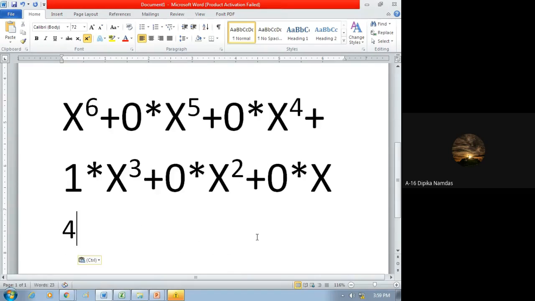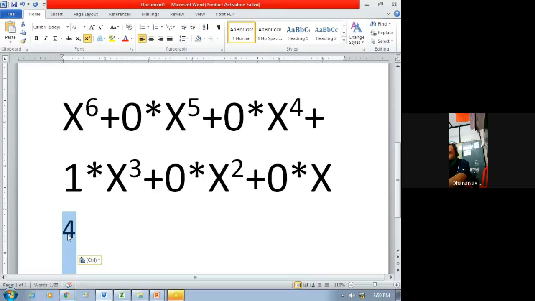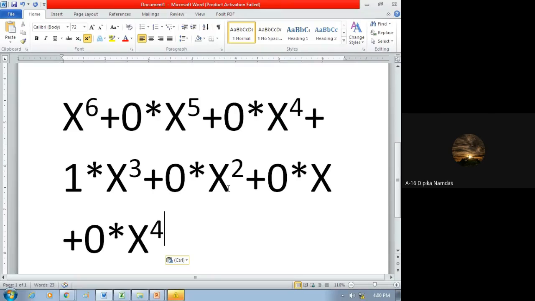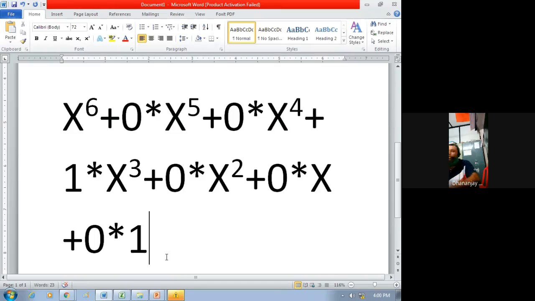Very good. x raised to 1 ना, आता म्हणजे फक्त x. आणि शेवटचं काय येईल? plus 0 into 1.